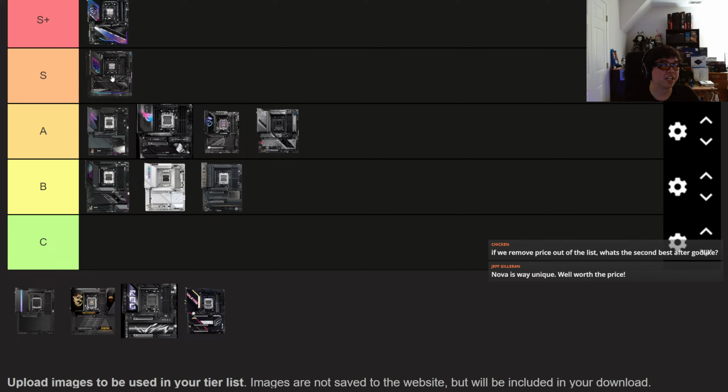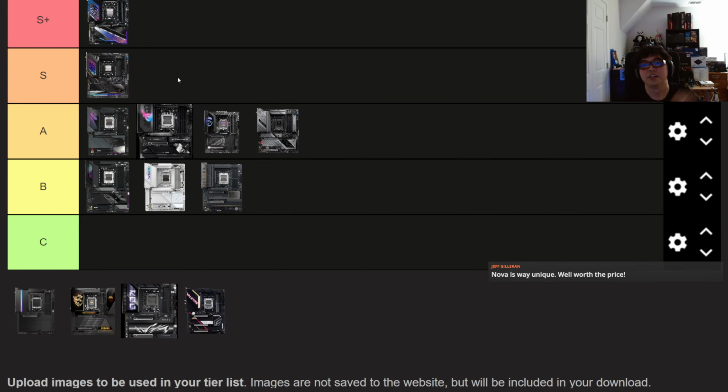Similarly, the Taichi and the Taichi Lite both do the same thing. These two only have 4 M.2s, whereas the Nova has a 5th M.2. But you can still fill all 4 SSDs up, and you still have full 16 lanes to the graphics card.